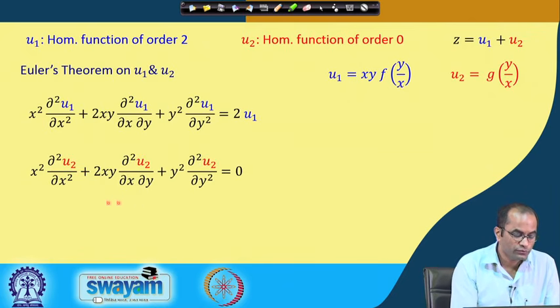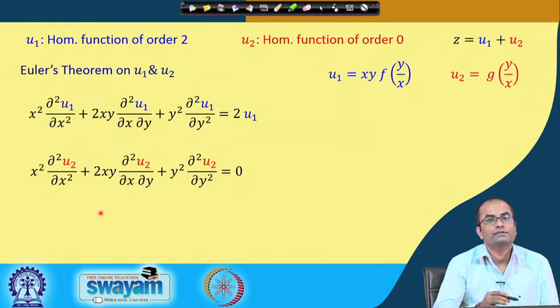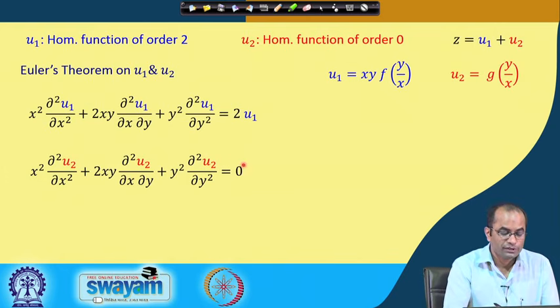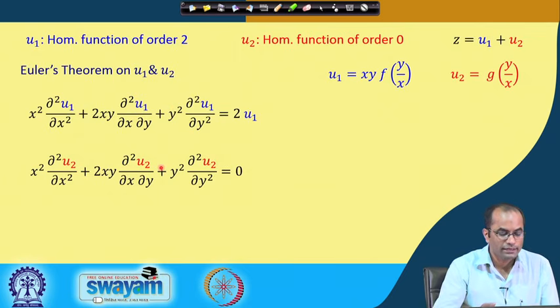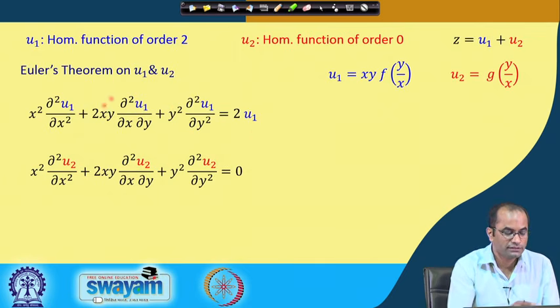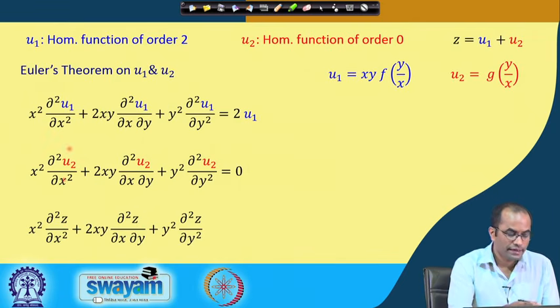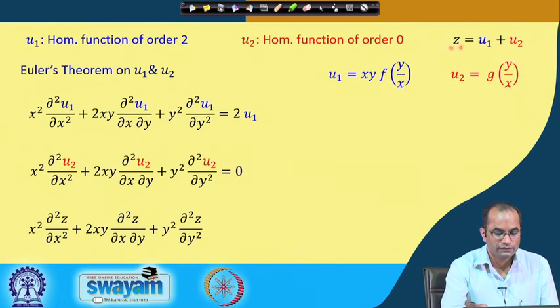And then for u2, because that is a homogeneous function of order 0, the right hand side will be 0, because here it is n into n minus 1 and n is 0. So now we have these two expressions directly without computing these derivatives. We have used Euler's theorem, and we can add them because we want the result in terms of z, which is u1 plus u2.